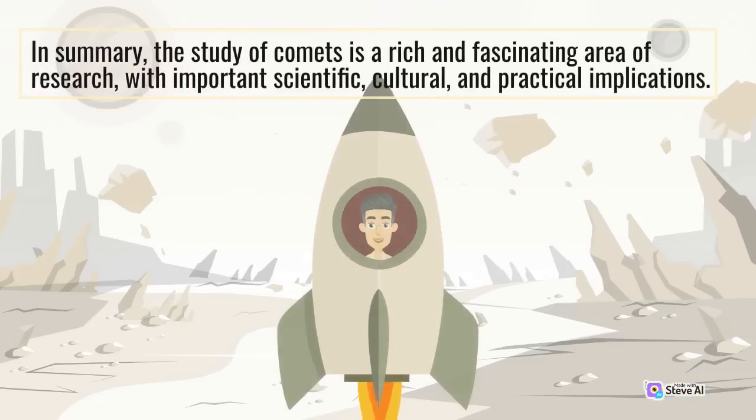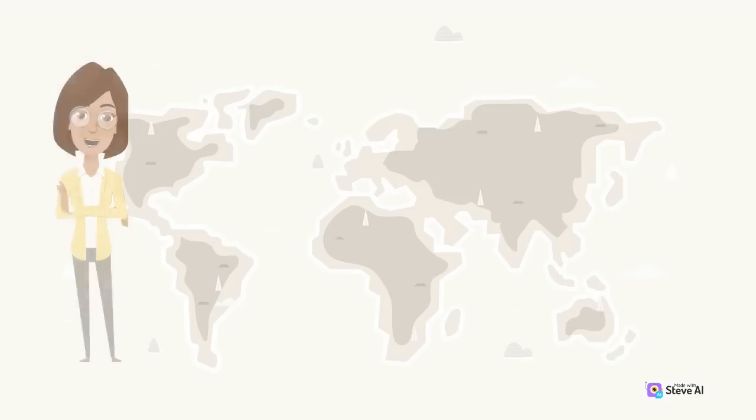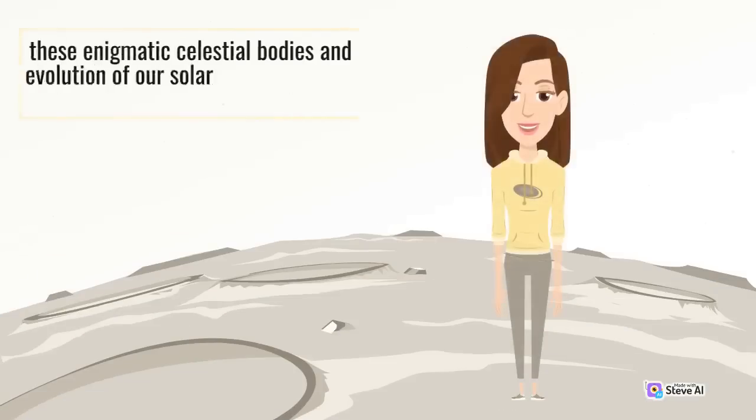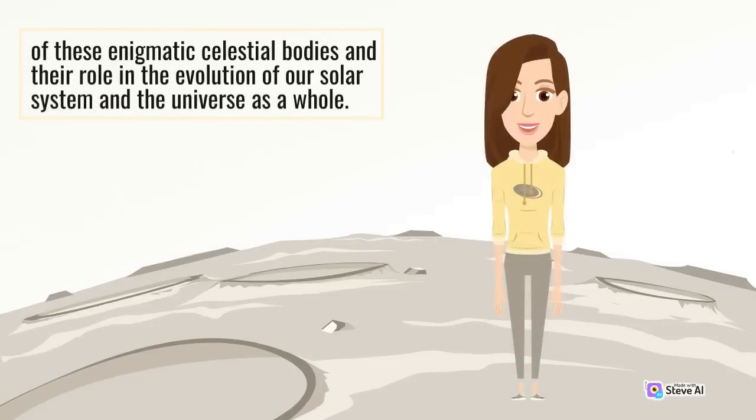In summary, the study of comets is a rich and fascinating area of research, with important scientific, cultural, and practical implications. Through ongoing observations and missions, we can continue to deepen our understanding of these enigmatic celestial bodies and their role in the evolution of our solar system and the universe as a whole.